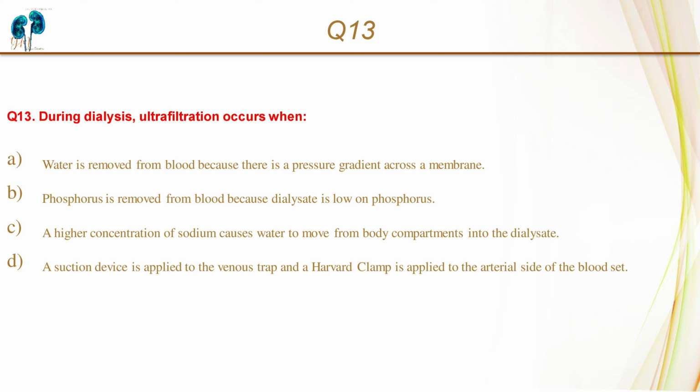Number 13. During dialysis, ultrafiltration occurs when option A, water is removed from blood because there is a pressure gradient across the membrane; option B, phosphorus is removed from blood because dialysate is low on phosphorus; option C, a higher concentration of sodium causes water to move from a body compartment to the dialysate; option D, a suction device is applied to the venous trap and Hoffman clamps are applied to the arterial side of the blood set.